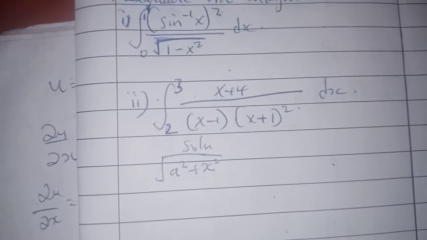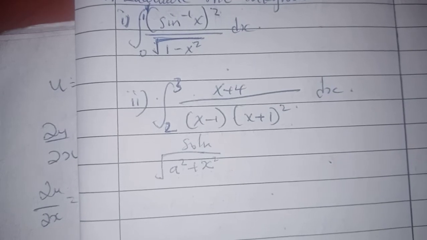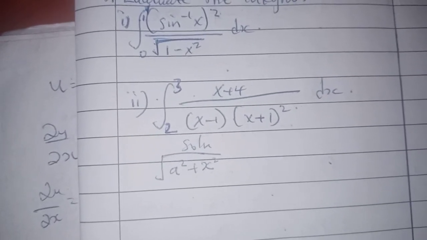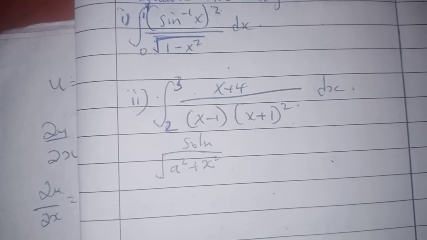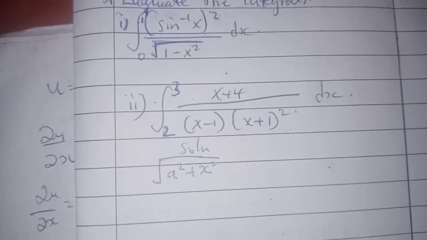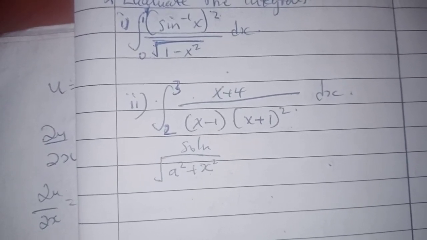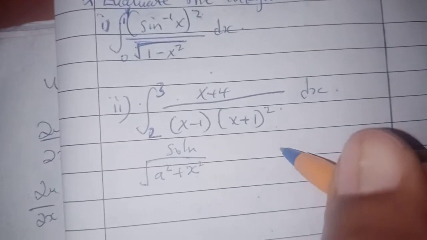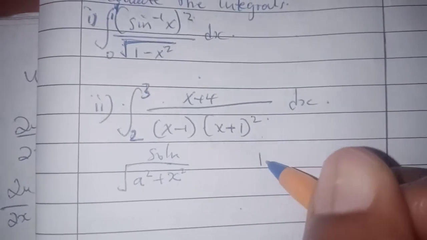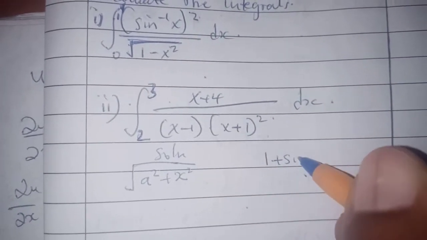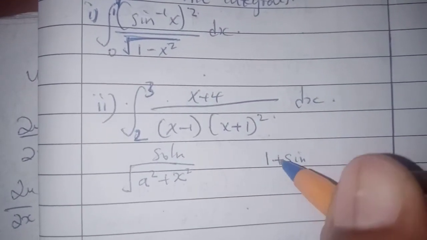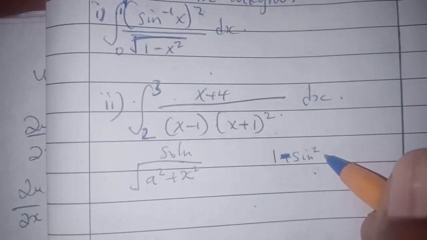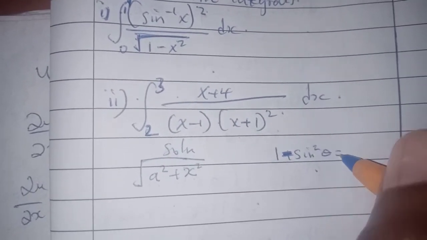Now, there are 2 trigonometric identities that we look at. One of them says 1 minus sine squared theta gives us cos squared theta.